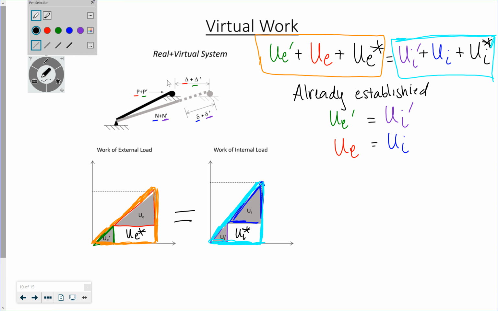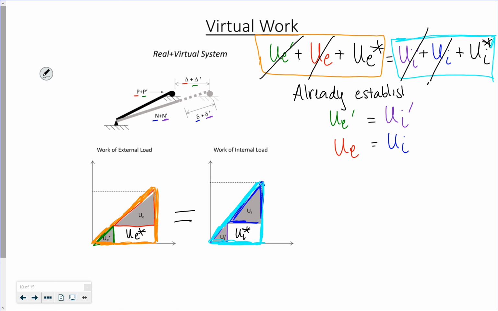So I gotta cross some stuff out, right? Green is equal to purple, red is equal to blue. Established. So that means, therefore, UE star is equal to UI star.